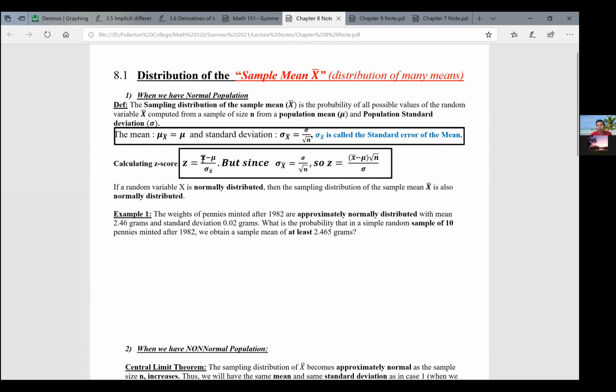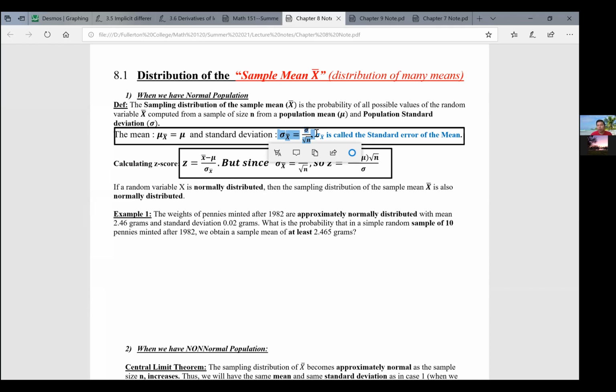So we take a random sample mean minus the population mean and divide by the standard deviation of that sample mean, sigma x bar, where sigma x bar is equal to the original sigma divided by radical n. All of that information will be provided.